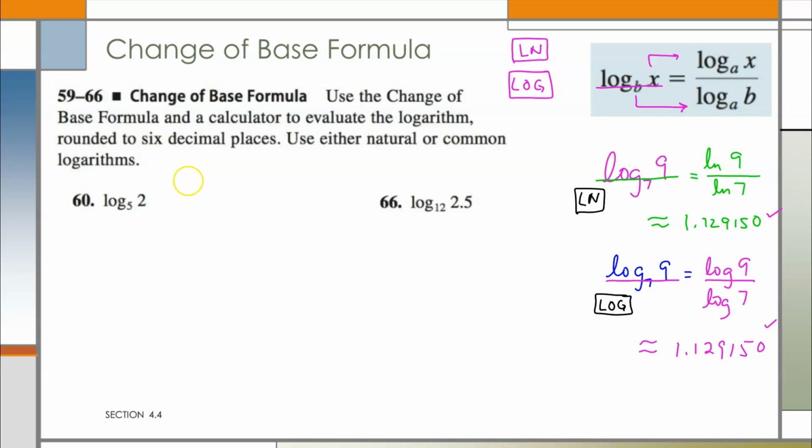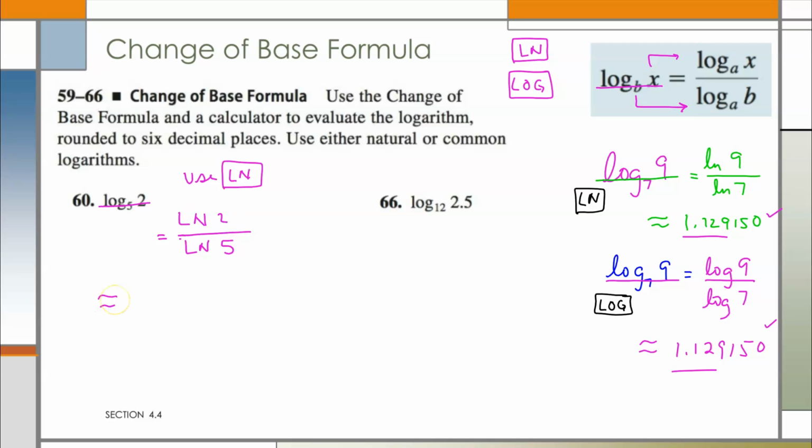For this one, I'm going to use the natural log base. It doesn't matter which one, because you saw that I could choose either base e or base 10 and we still ended up with the same answers. You don't need to change to both bases, just one. Let's say we change to base e. We see that 5 is subscripted, so if I change to ln, I put the 5 in the denominator and the 2 up top.